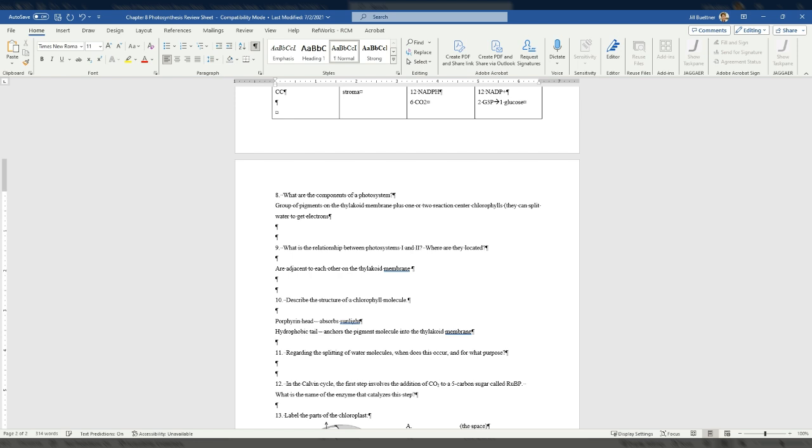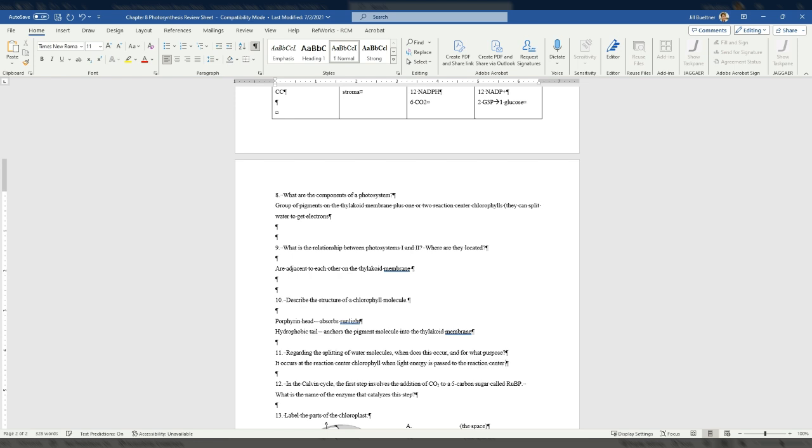Regarding the splitting of water, where does this occur? It occurs at the reaction center chlorophyll, which is part of the photosystem, and it occurs when light energy is passed to the reaction center chlorophyll, RCC. I should write that out. That's very lazy. Okay, who needs another acronym?